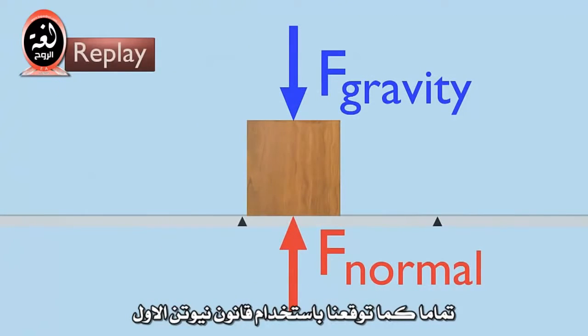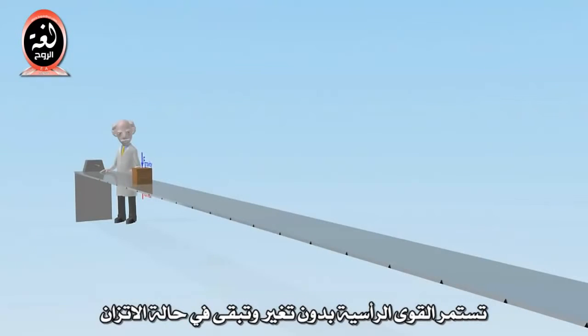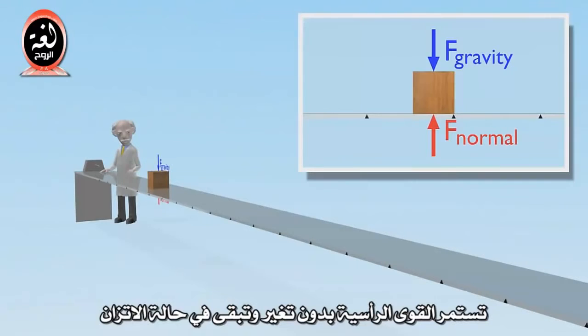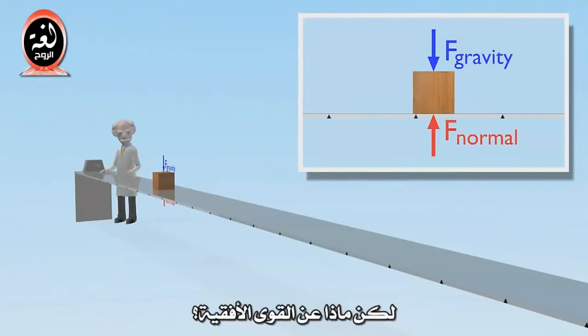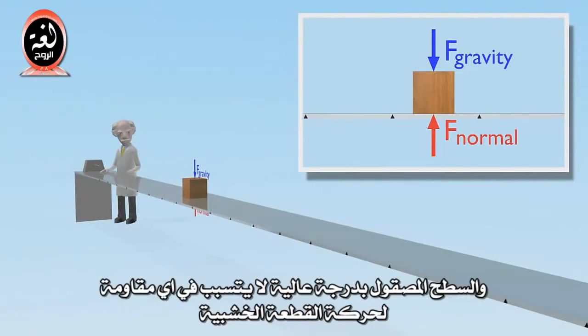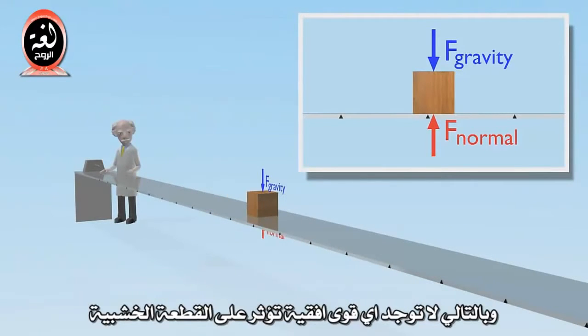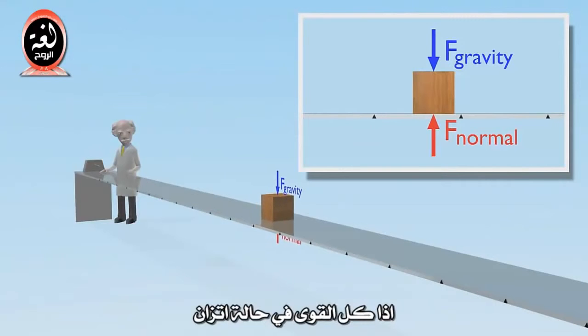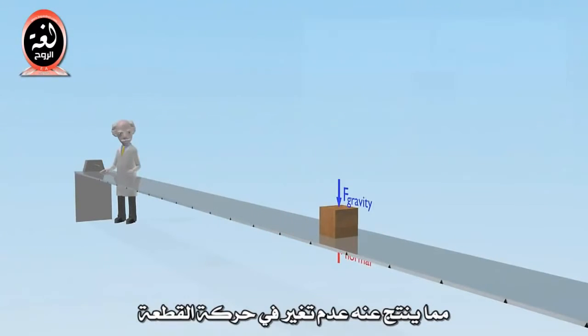As the block continues to move horizontally, you can see that the vertical forces are still the same and in balance. But what about the horizontal forces? Well, there is no piston force, and the highly polished surface provides no resistance to the motion of the block, and therefore there are no horizontal forces acting on the block. So all forces are in balance, resulting in no change in the motion of the block.